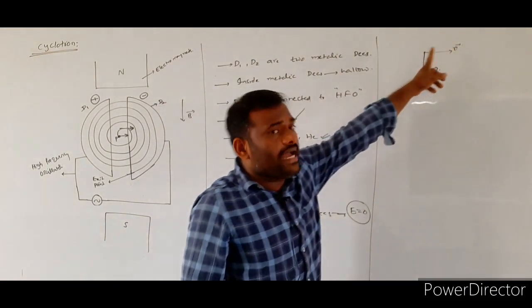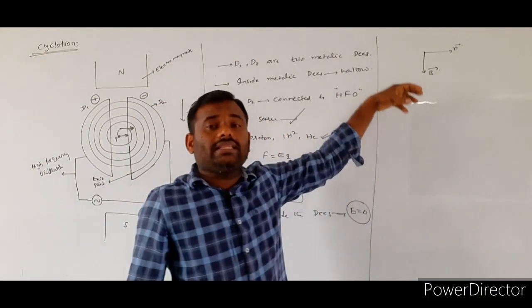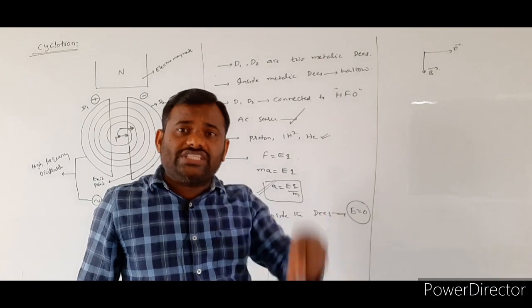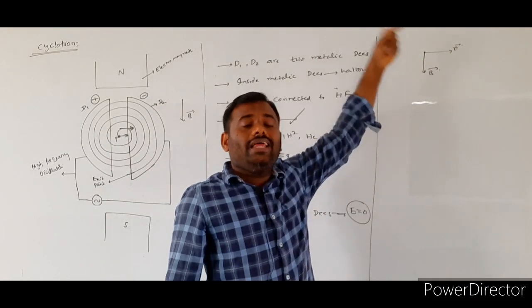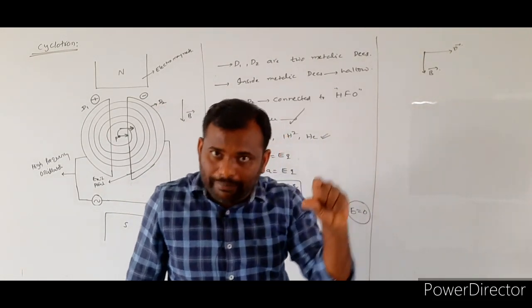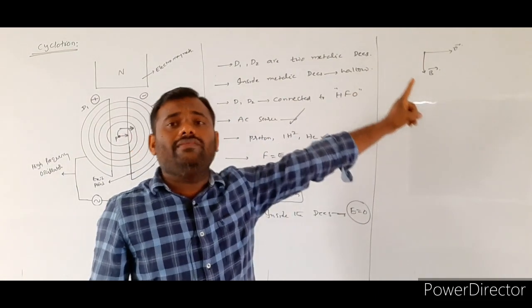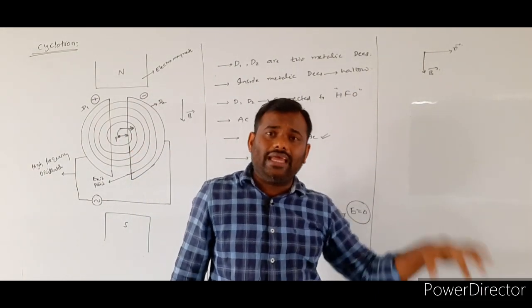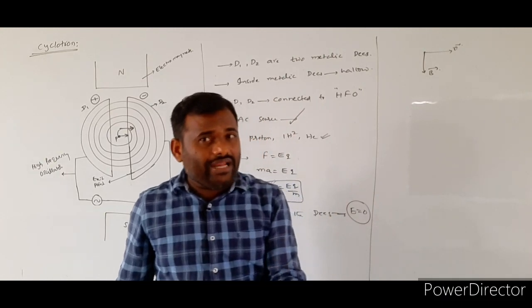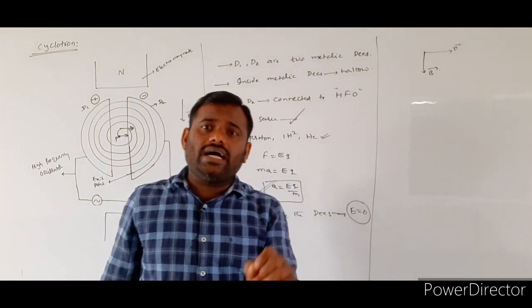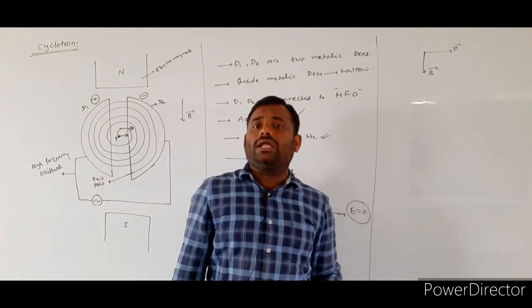Now look at this diagram. In which direction does the charged particle enter the magnetic field? The charged particle enters the magnetic field perpendicular to the direction of the magnetic field.